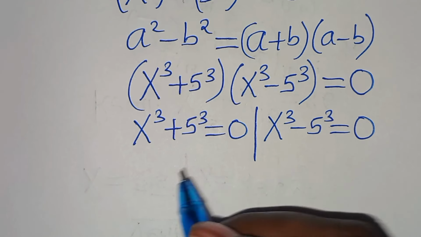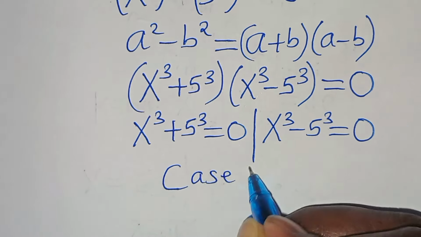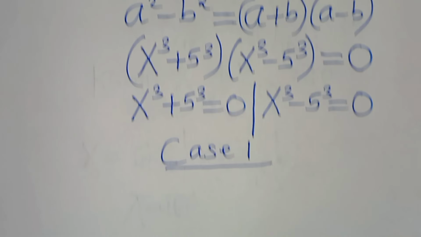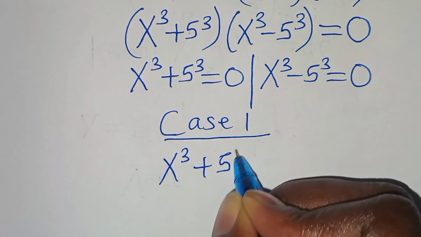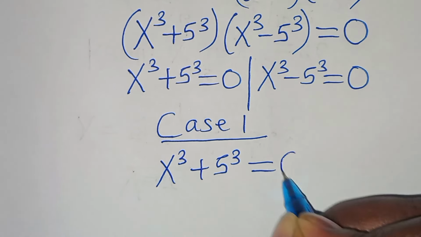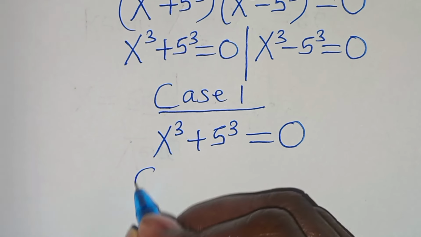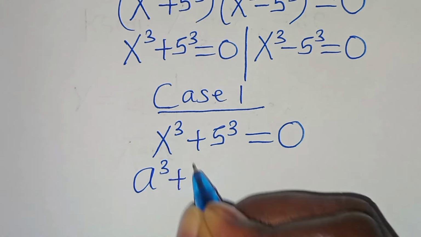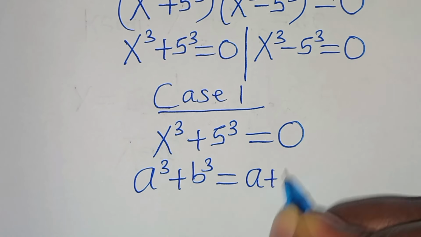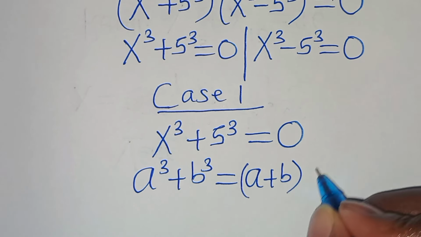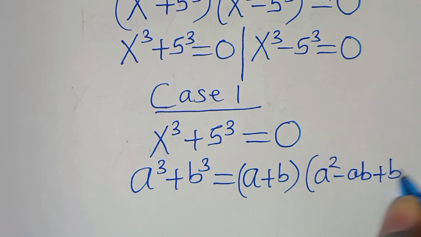Now, let's start with case 1. Case 1 is x to the power of 3 plus 5 to the power of 3 equal to 0. This equation is of the form a to the power of 3 plus b to the power of 3 that we can express as a plus b, then a squared minus a times b plus b to the power of 2.